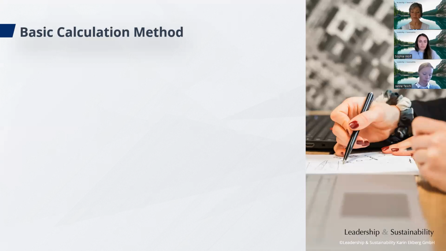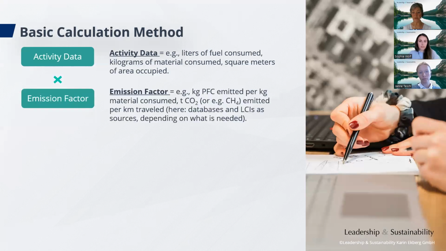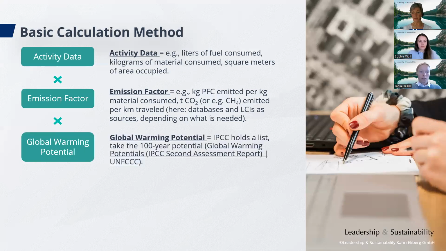So, then we have the activity data, which represents, for example, the liters of fuel consumed, the kilograms of material consumed, or the square meters of area occupied. And then you have the emission factor that represents the emissions per unit. And finally, you have your global warming potential, which is used to convert all numbers down to carbon dioxide equivalents in order to establish comparability.